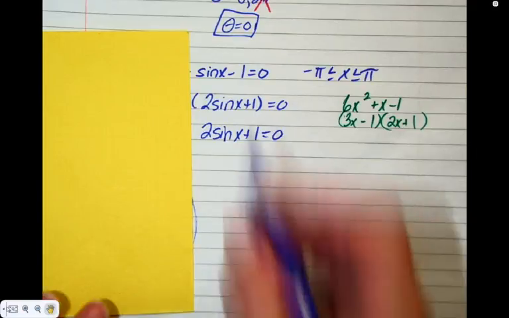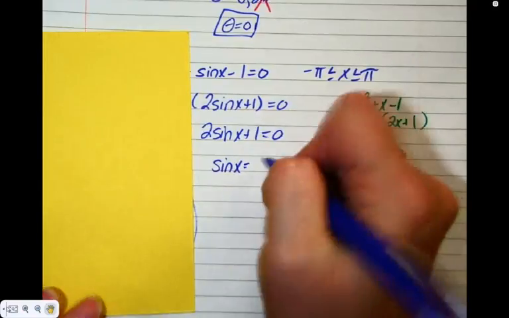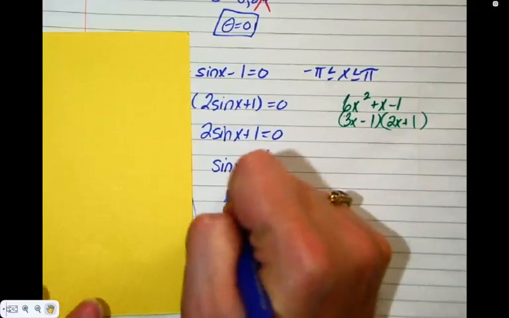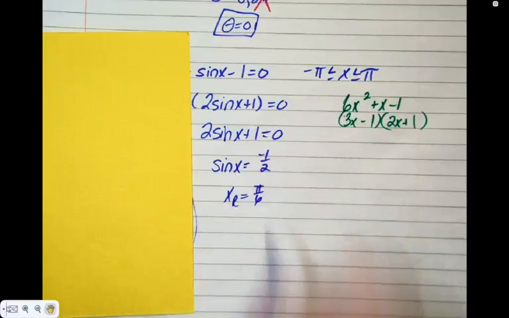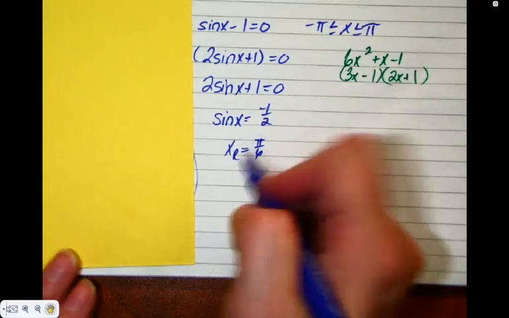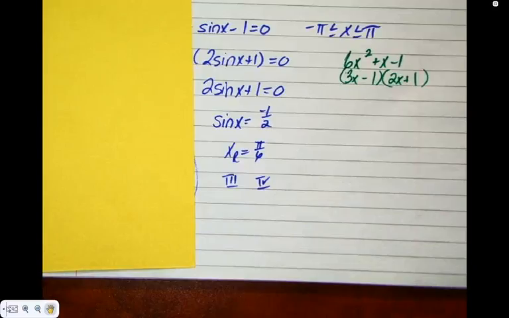Okay, isolate the trig function. Get the sine x by itself. Sine x equals -1/2. Okay, family. What family has a sine value of 1/2? I heard and confirmed pi on 6. What quadrants have a negative sine value? 3 and 4.